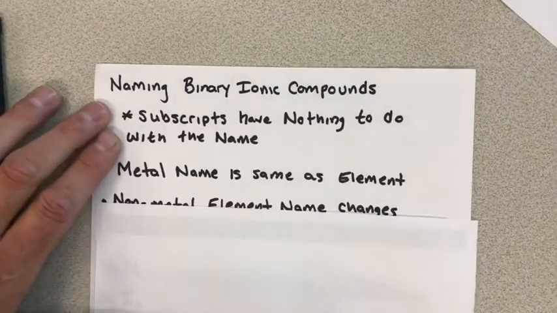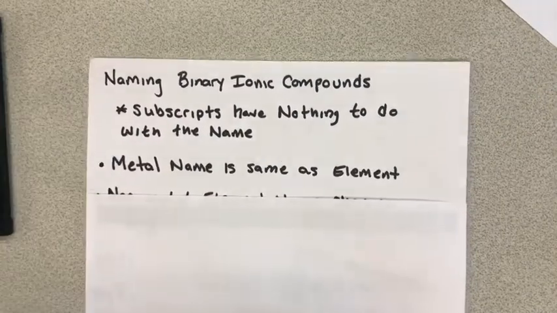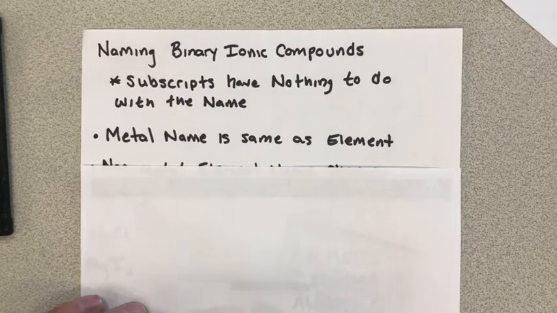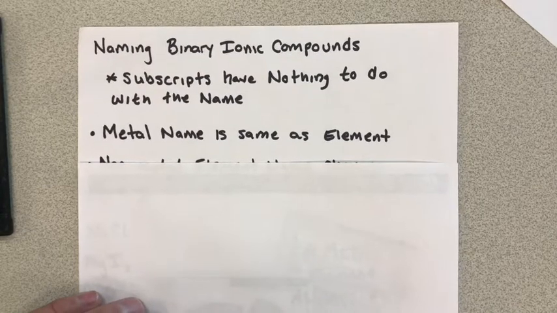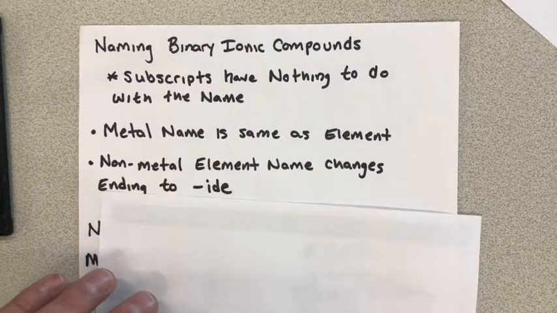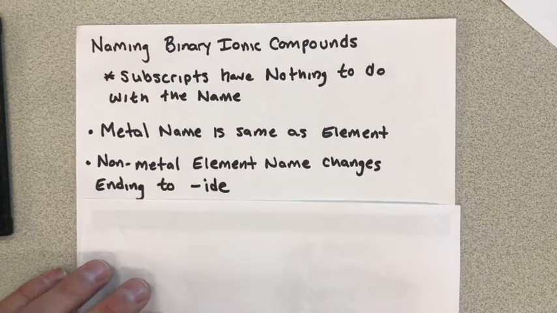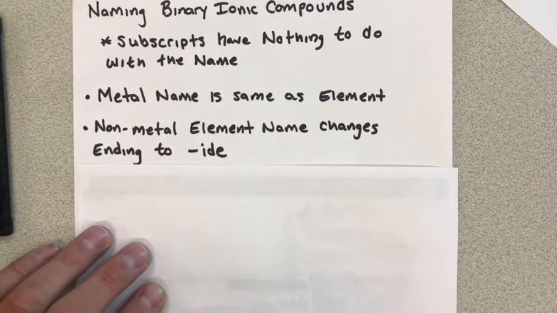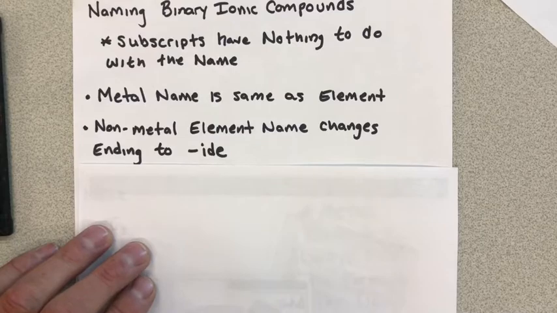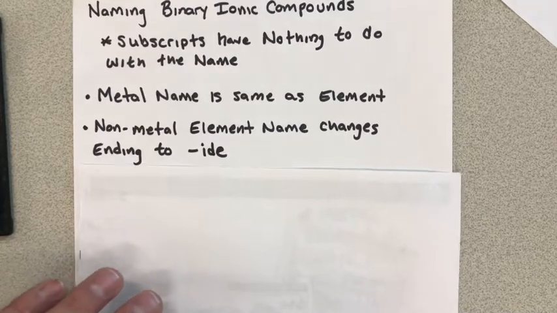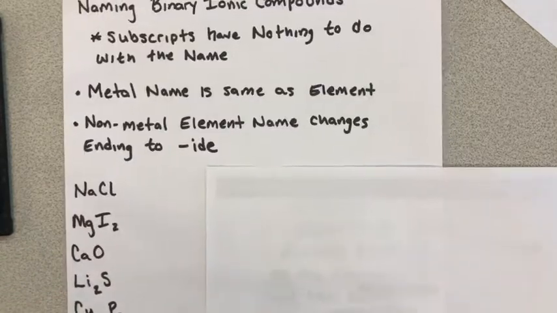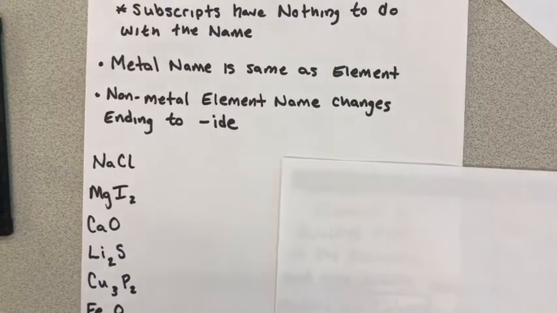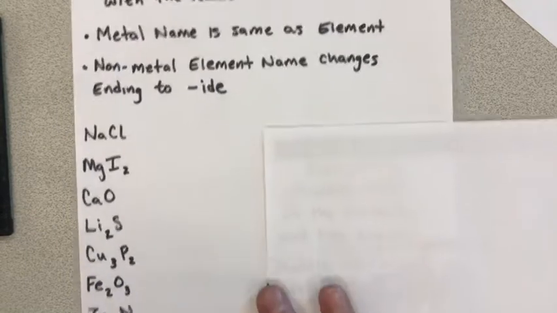Okay, the metal that you have in the compound, we just call it by the same name as its element name, and then the non-metal name changes its ending from whatever it is as an element to the letters IDE. Okay, and we'll do some examples here. So let's just run through that same list here.